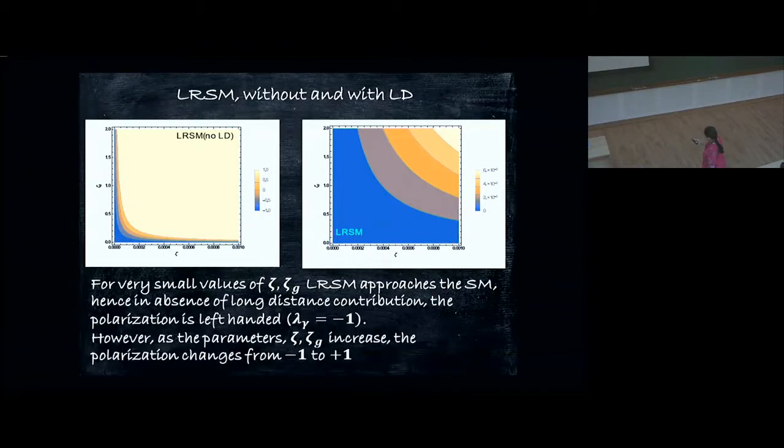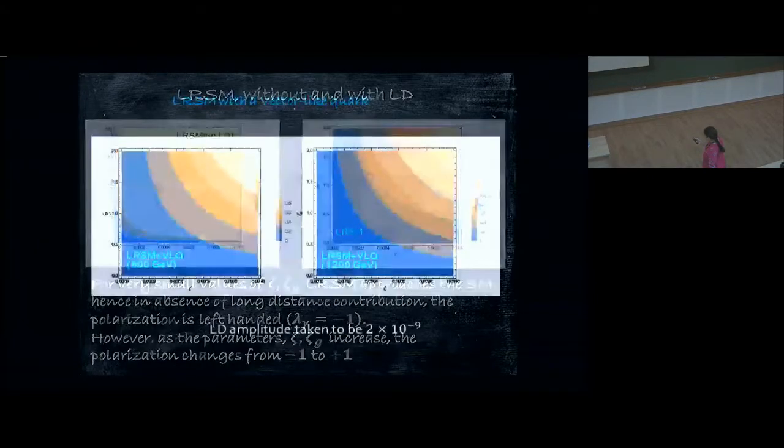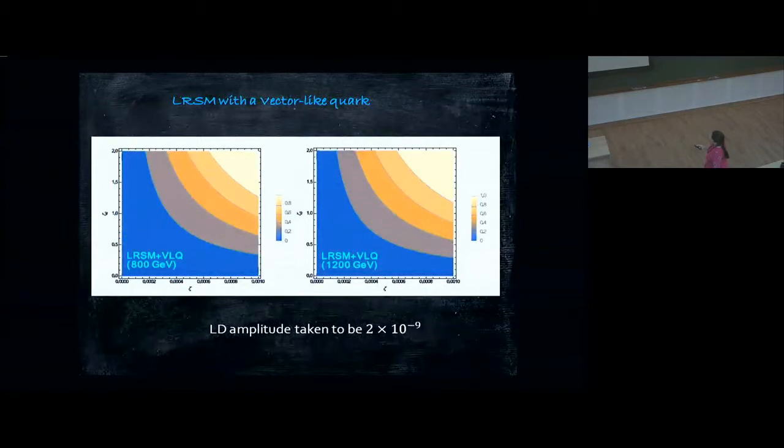The advantage then is of the vector-like quark model, seen in these next plots. Here I have LRSM with an 800 GeV or 1200 GeV vector-like quark, and I find that as I go to larger and larger values of zeta and zeta g, my polarization can actually go up even to +1.